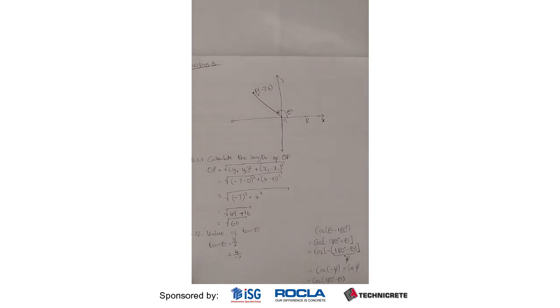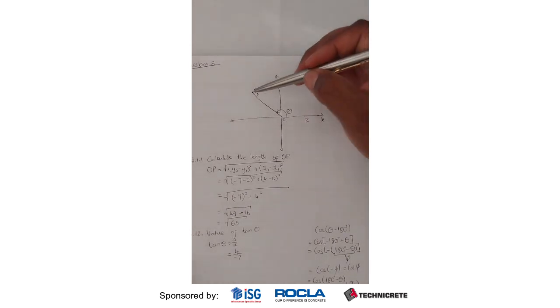And what is cos of theta? We're going to continue with that minus because it's already there. Cos of theta is x over r.